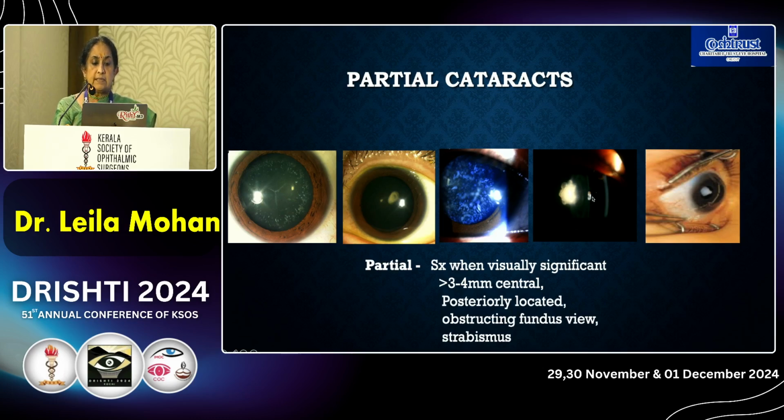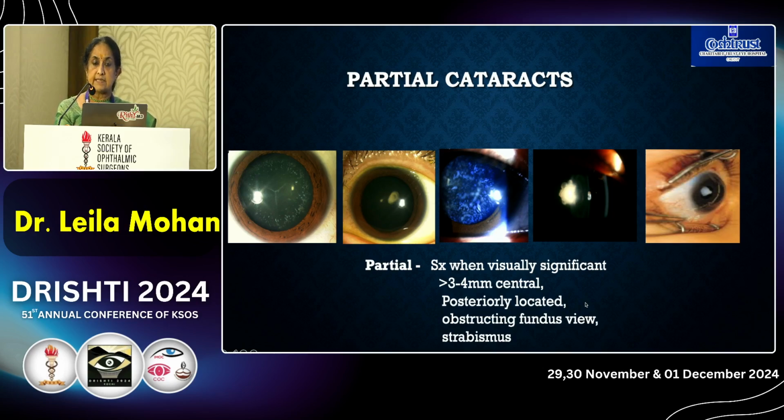So some cataracts affect vision. A 3 to 4 millimeter central posterior polar cataract, which is affecting the nodal point, affects vision. And if it is obstructing your fundus view, definitely you have to do surgery. And if the child is presenting with a strabismus, then definitely you have to do surgery.